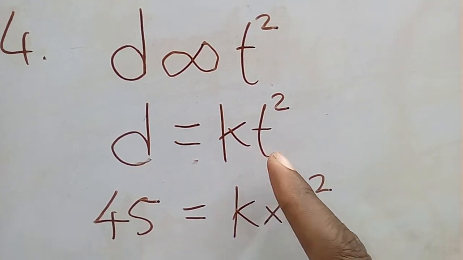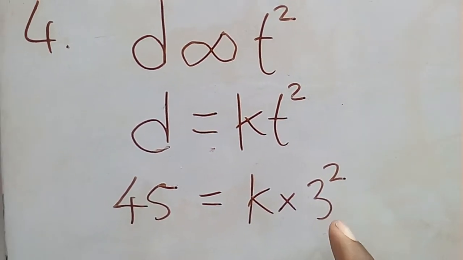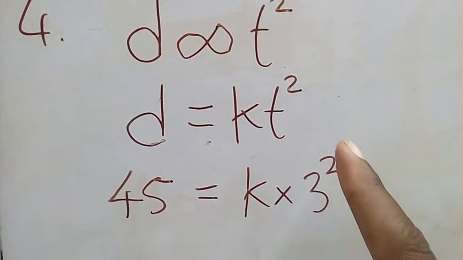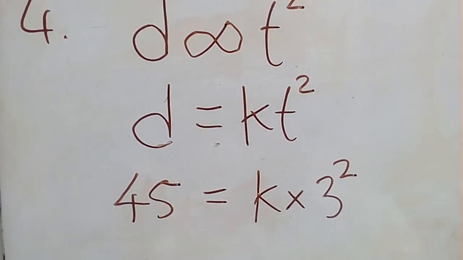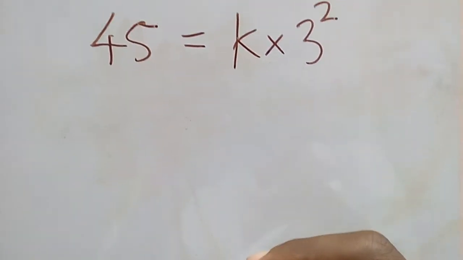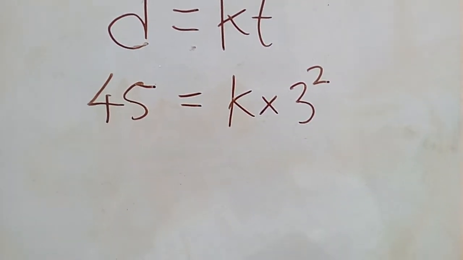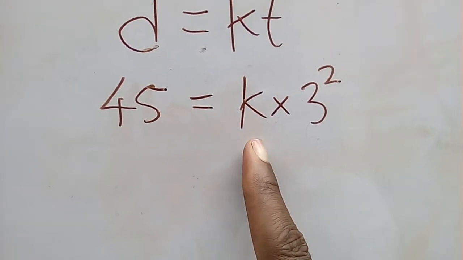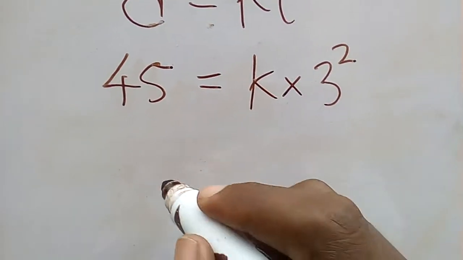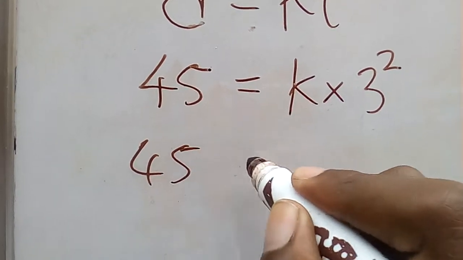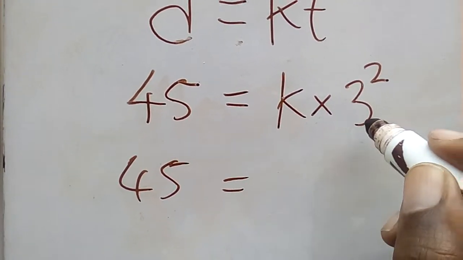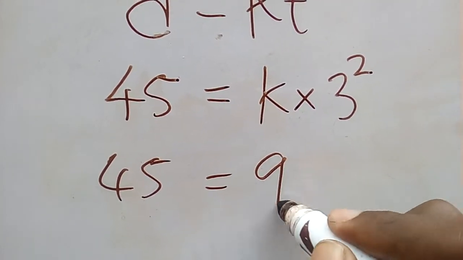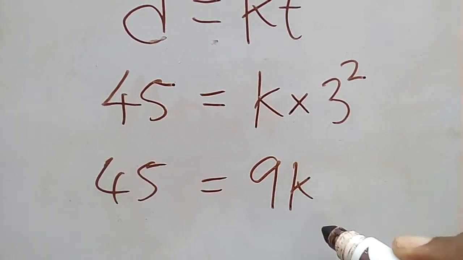Remember, t represents the number of seconds, so 3 seconds will have to be squared the same way t is squared. Right now k is the only thing we do not know. So this gives me 45 equals 3 squared, which is 9, so that's 9k.